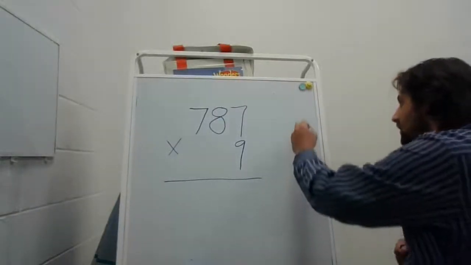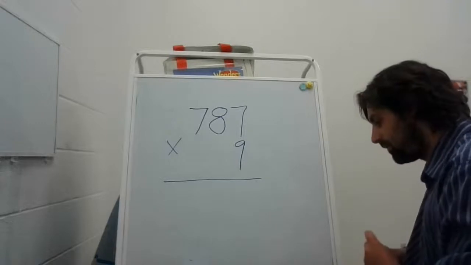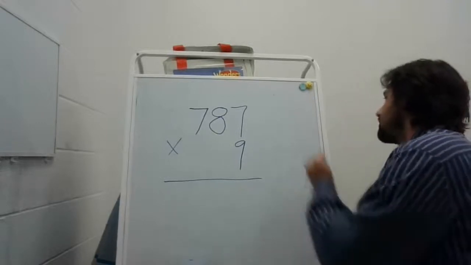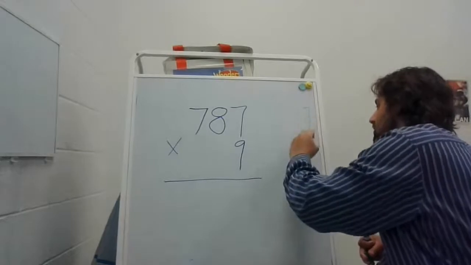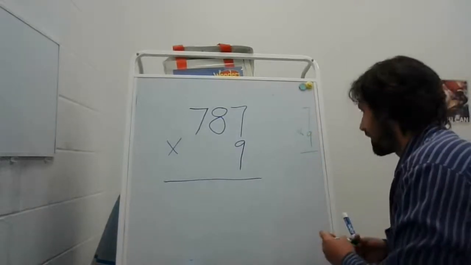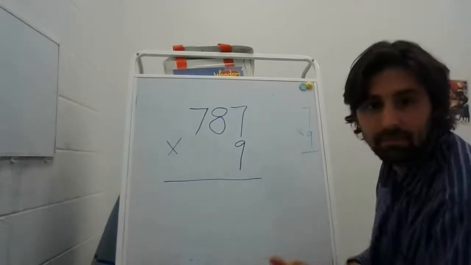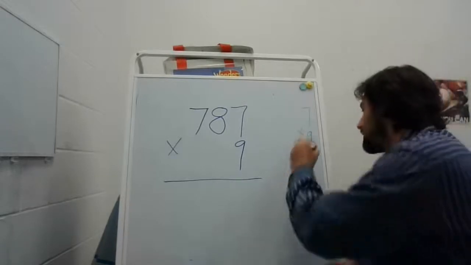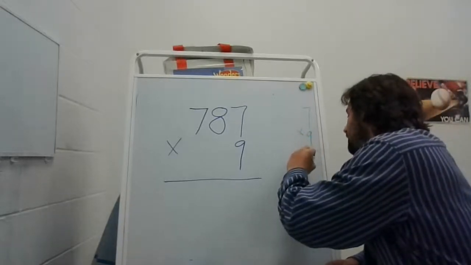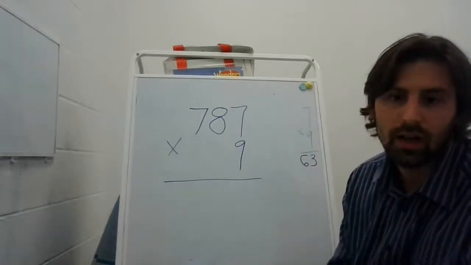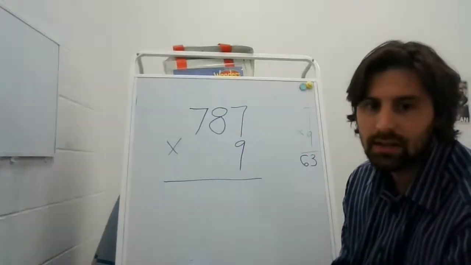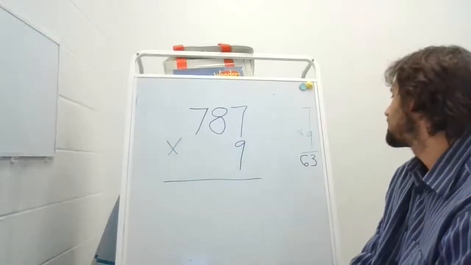And to make it easier, a lot of times I'll even draw the single digit problem next to the 3-digit by 1-digit problem. So 7 times 9 equals 63. If you're not fluent with 1-digit multiplication, I would recommend using a multiplication table for this. All right, 7 times 9 is 63.